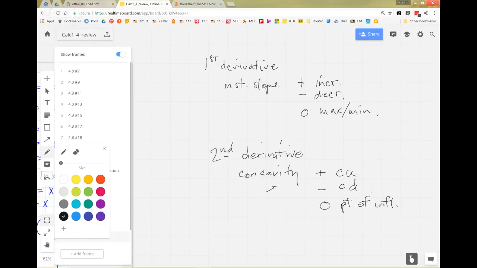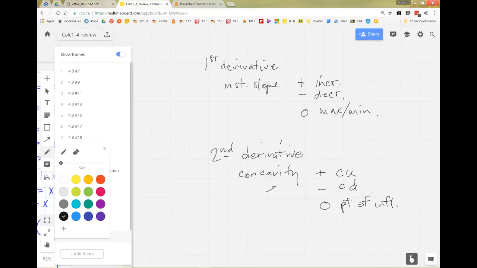So if you were asked to find the intervals of concavity for a particular function, you would go ahead and find the first and the second derivative, and you would set the second derivative equal to zero, because the points of inflection are the dividing lines between concave up and concave down.